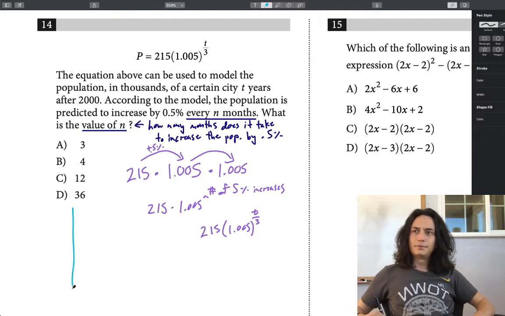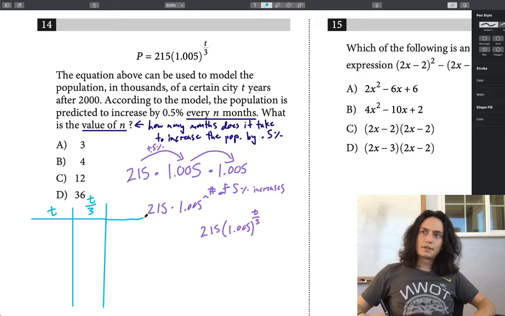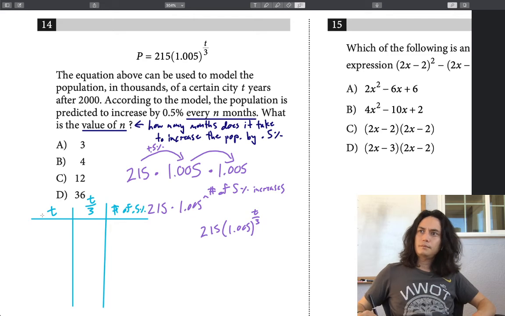Let's maybe just make a table, because here's what t is, here's what t over 3 is, and then we'll say this is the number of 0.5% increases.